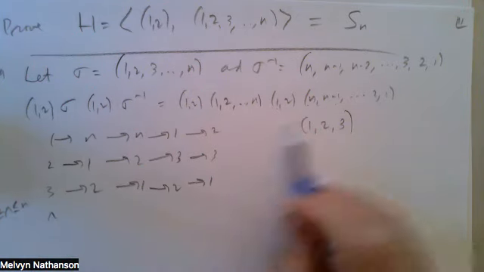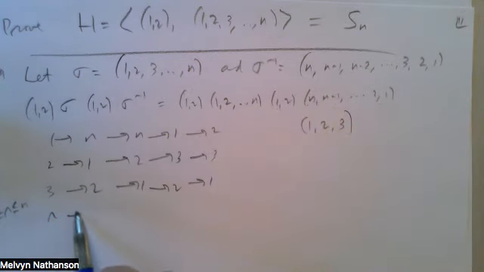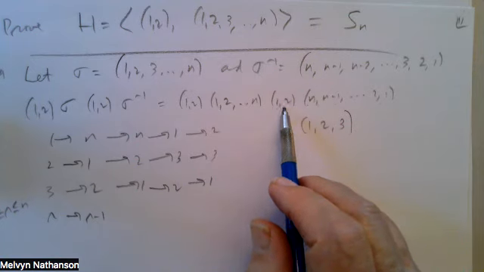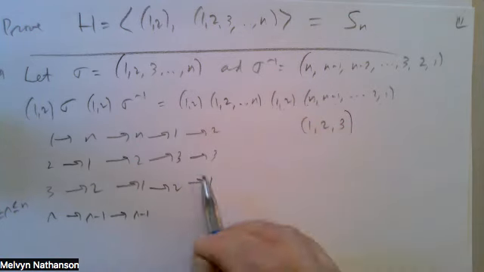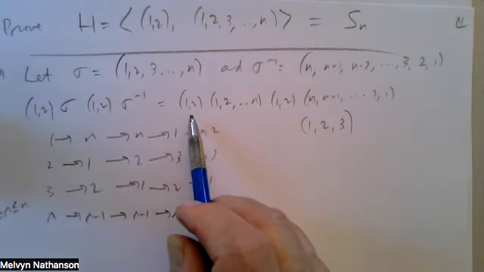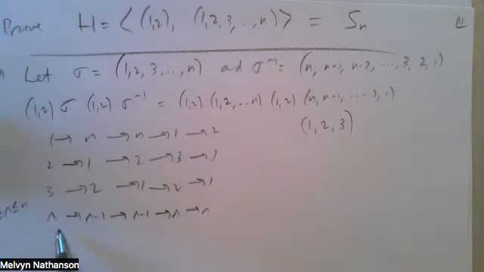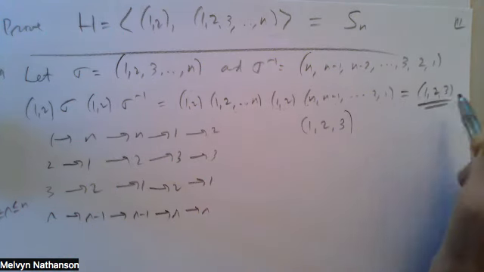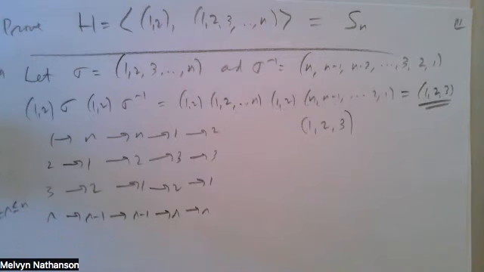So r goes to r minus 1. R minus 1 is at least 3, so it's not moved by this transposition (1 2), goes to r minus 1. This sends r minus 1 back to r, and this keeps r fixed. So r goes to r. So in fact, this permutation is equal to (1 2 3). So that 3-cycle is in H.